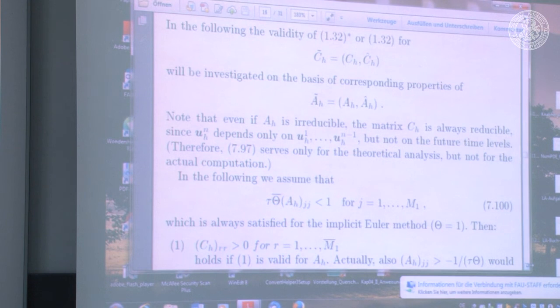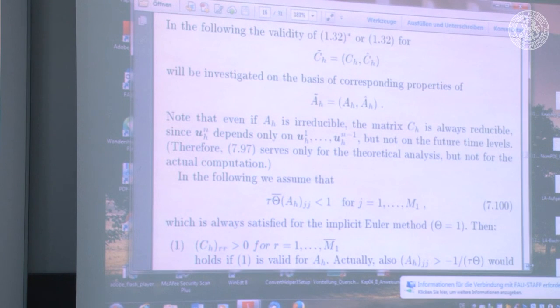In the other cases, it's a step size requirement, which looks very similar to the step size requirements we have seen for the explicit Euler method for stability. Because if we think again, what is A_h? Think again of the 5-point stencil. What is the diagonal element? It's 4 over h squared.